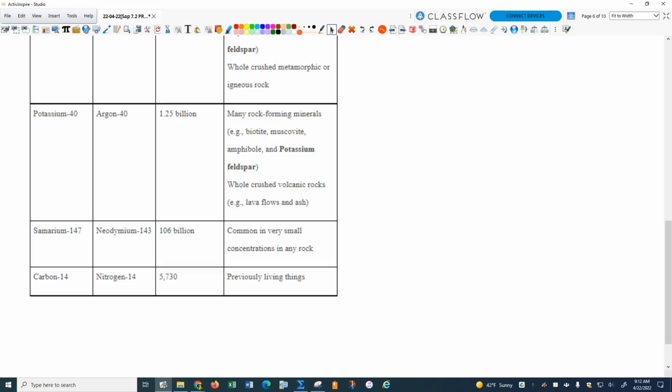So typically you'd use something like argon dating or potassium dating, where it's a much longer half-life. If you look at the half-life of potassium, it's 1.25 billion years, right? So if you wanted to look at something like dinosaurs, well, that's almost even too long in a way.